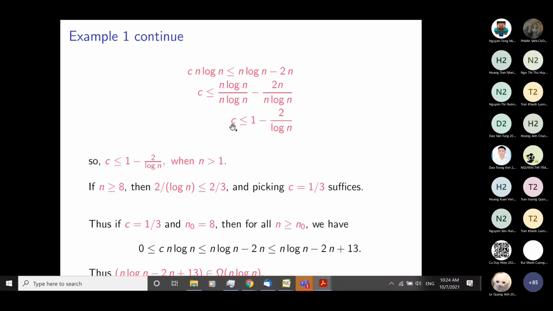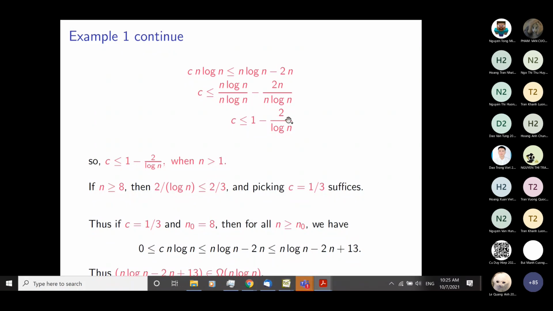Then I can select C to be equal to 1/2. And if I increase n, I can choose a C that is going to be greater. So the value of C depends on the value of n0 that we select.